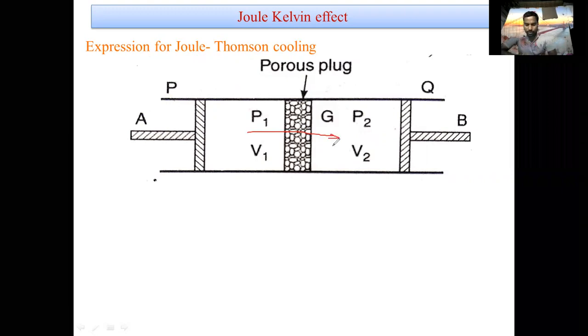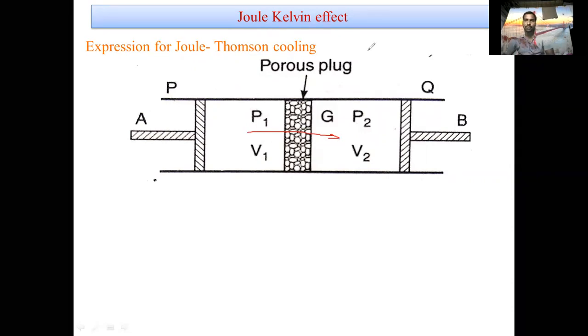Now here we have to discuss the external work done on the gas by the piston, and the external work done by the gas on the piston, which we already discussed.